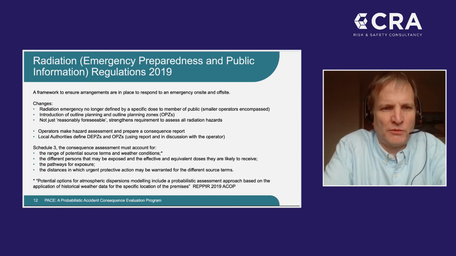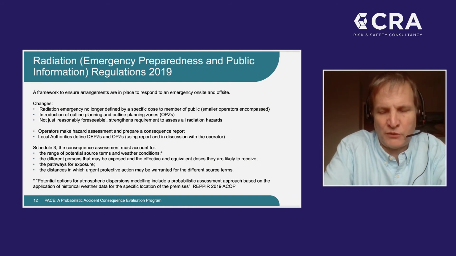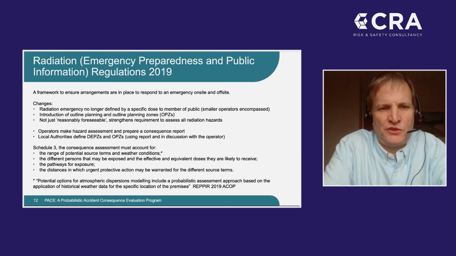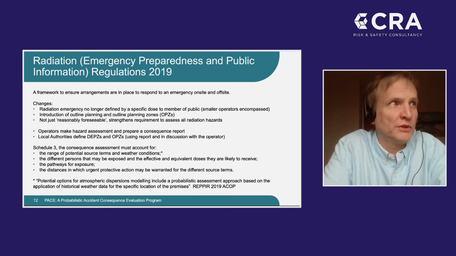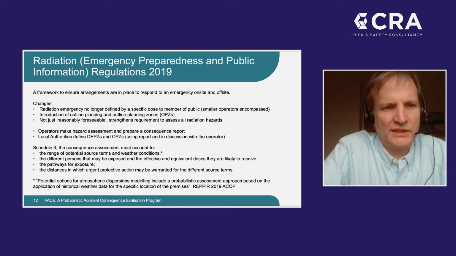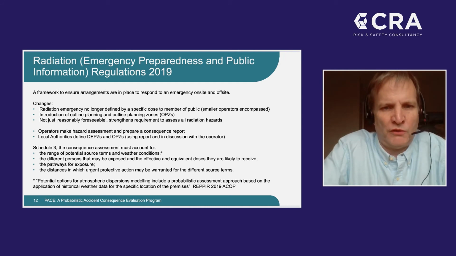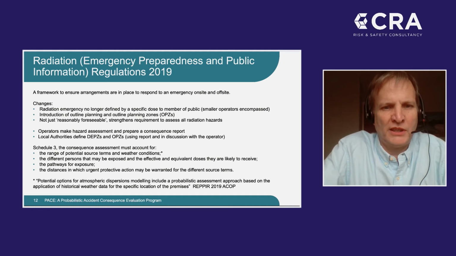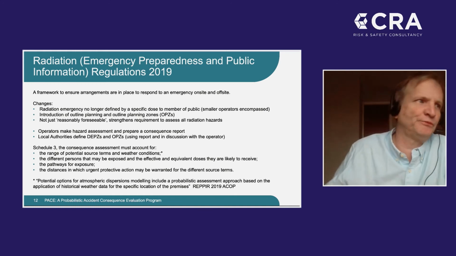It must tell about different people, how they're being exposed and what they are likely to receive, what the important pathways of exposure are, and the distance to which urgent protective actions may be warranted for the different source terms. So it doesn't mandate the use of a probabilistic assessment tool like PACE, but it's certainly moving that way.